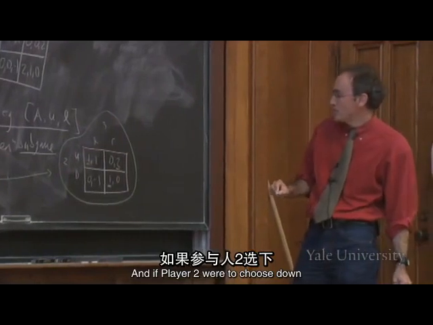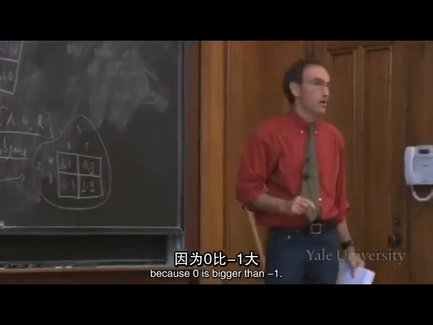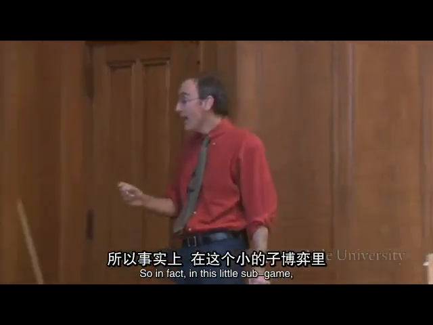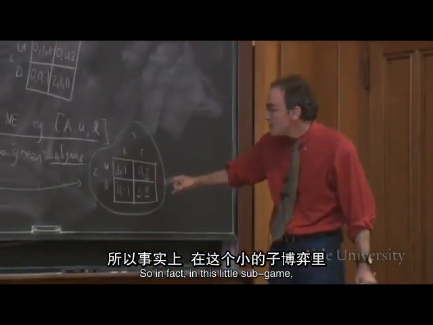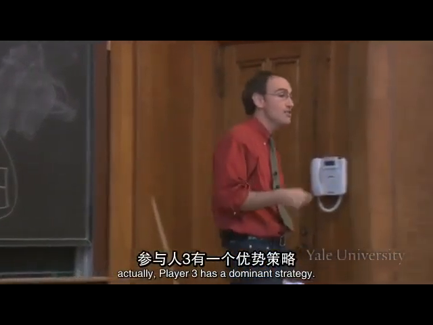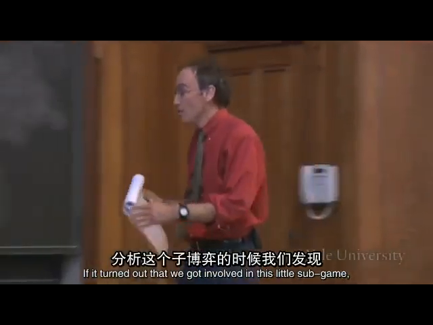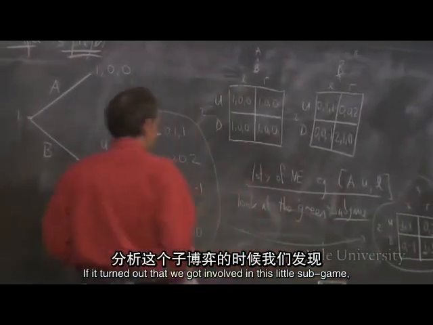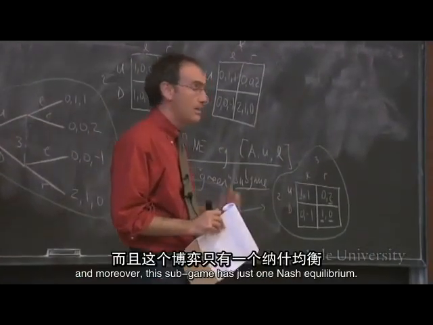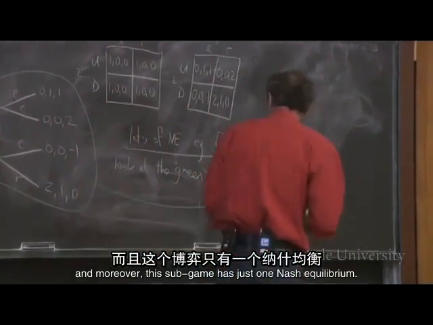And if player 2 were to choose down, then player 3 would choose right again, because 0 is bigger than minus 1. All right? So in fact, in this little sub-game, player 3 has a dominant strategy, which is to play right. And moreover, this sub-game has just one Nash equilibrium.